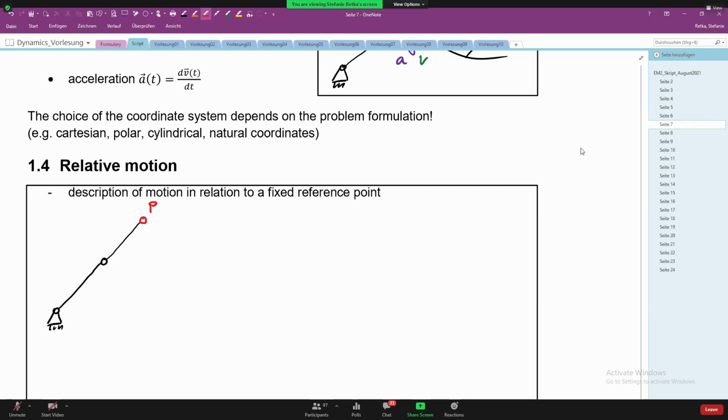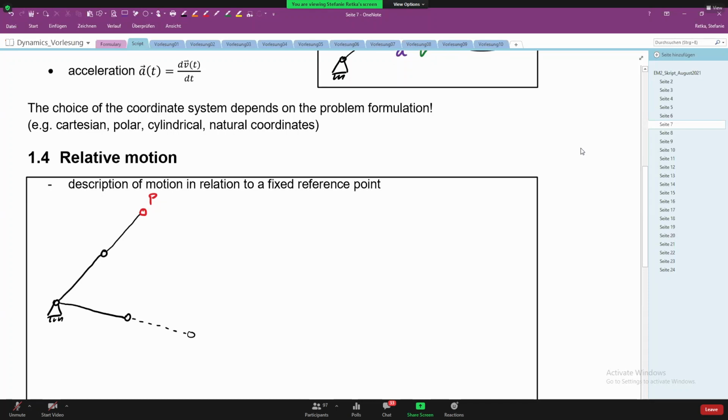Now, let's assume they rotate clockwise. So some point later in time, this first rod might be here. And if this would be a stiff connection, a rigid connection, the second rod would be here maybe.